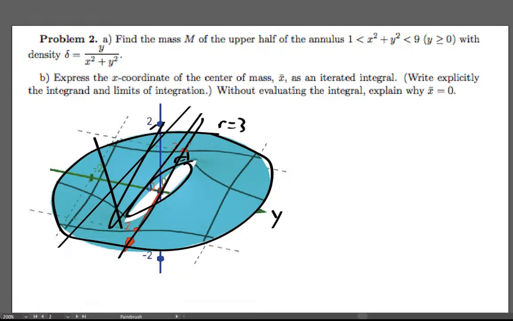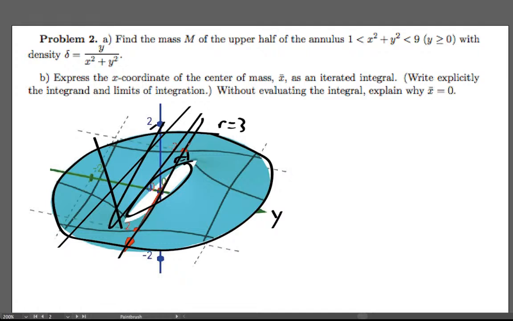By the way, this is only a representation, because in reality it is a disk, but the density depends on this function, y over x squared plus y squared.